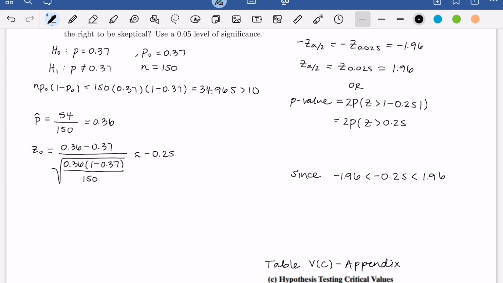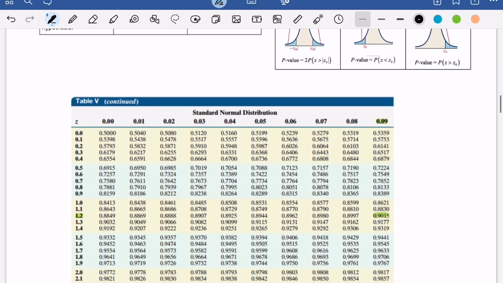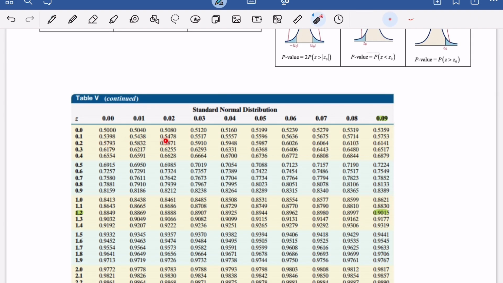All right, and just like we saw in the last example, we know that this is going to be rewritten, since we're trying to find the area under the curve to the right of this guy, as 1 minus this. All right, and then going back to our table here, we're looking at the value for 0.25.